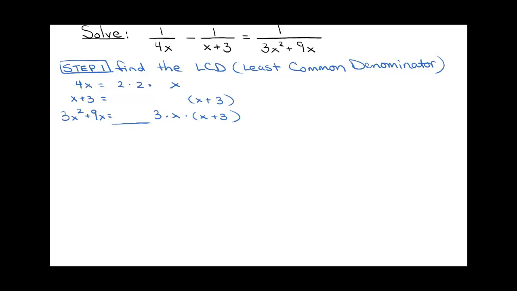So if we compare all of these factors, I'm going to need a factor of 2, factor of 2, factor of 3, 1 factor of x, and 1 factor of x plus 3.